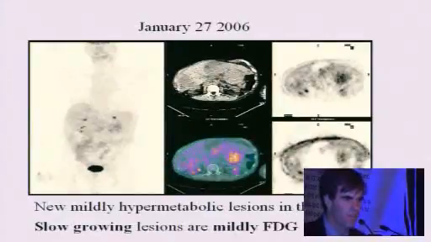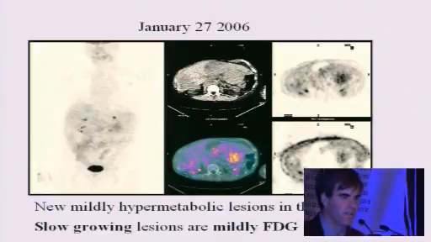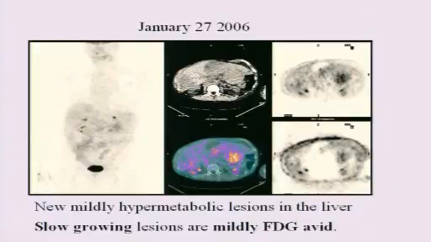The patient had a repeat scan almost 2 years later, and there is a new lesion evident in the left hepatic lobe that was not there before. So this has grown over a 2-year period of time, but it is mildly FDG avid. So this is a metastatic carcinoid.